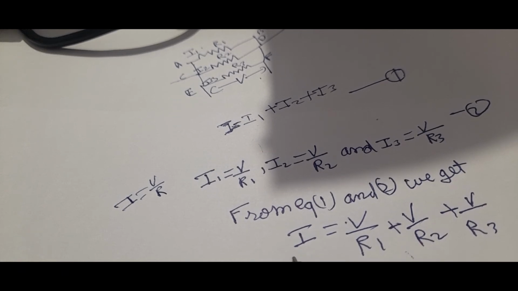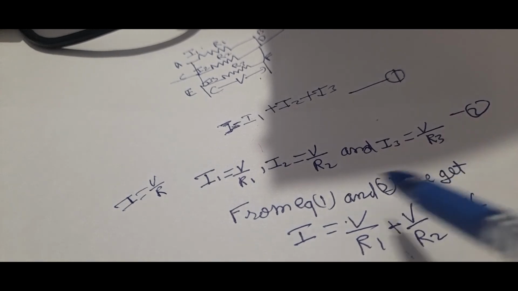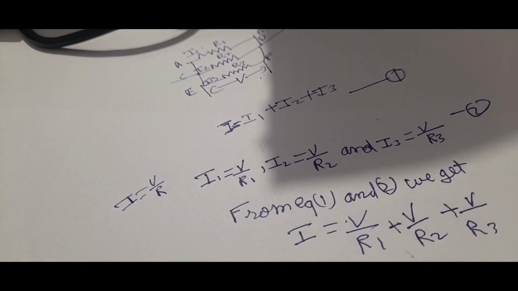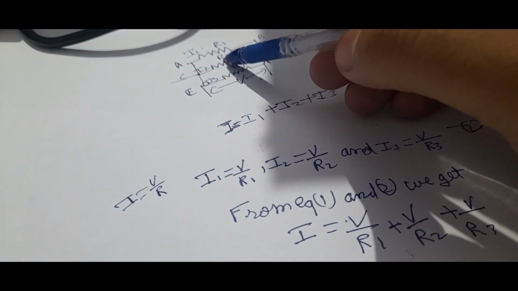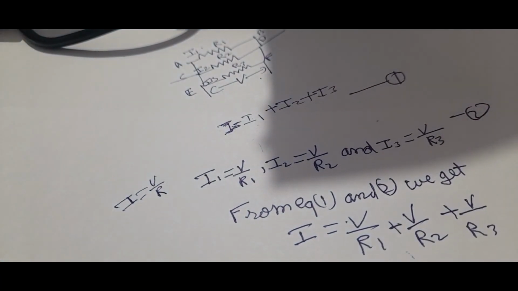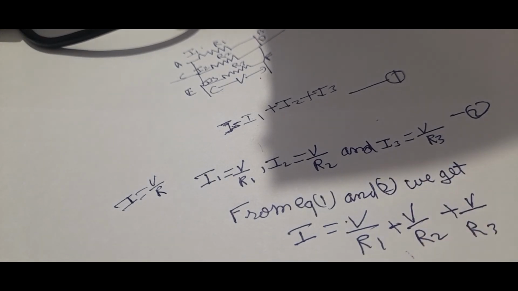So this is I. The value of the current is written over here. The current flowing in the circuit will be taken out from this formula.